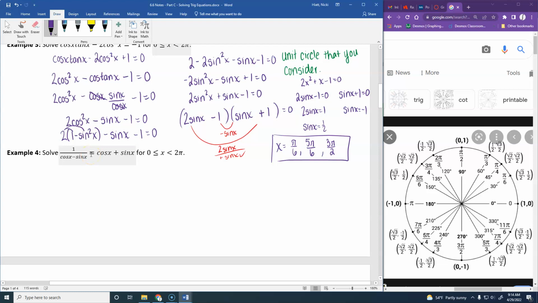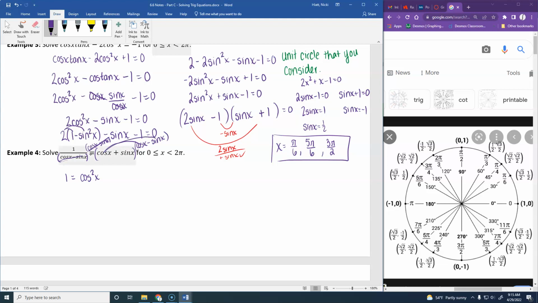How do we get stuff out of the denominator? Multiply. All right, so what we're going to do is multiply both of these by cosine x minus sine x, which on the left-hand side is just going to cancel. Over here, we've got cosine x minus sine x. So we will distribute: cosine x times cosine x is cosine squared x.